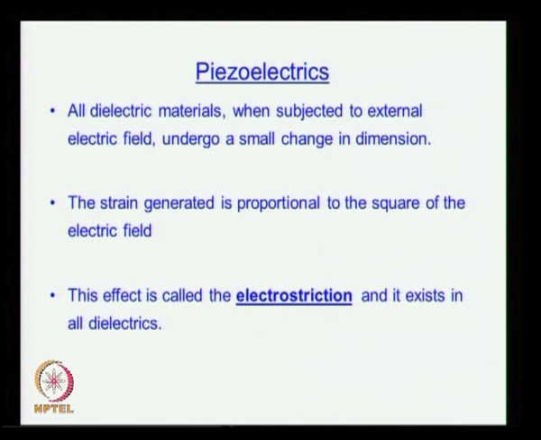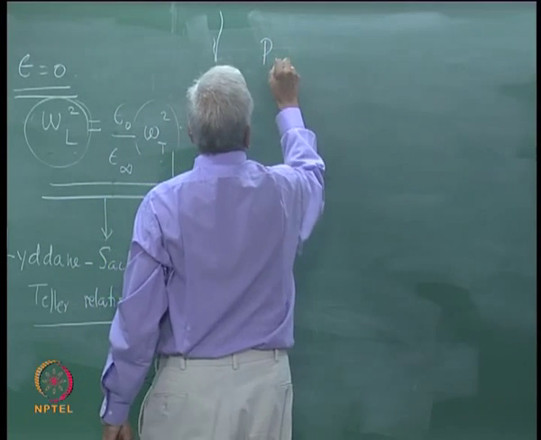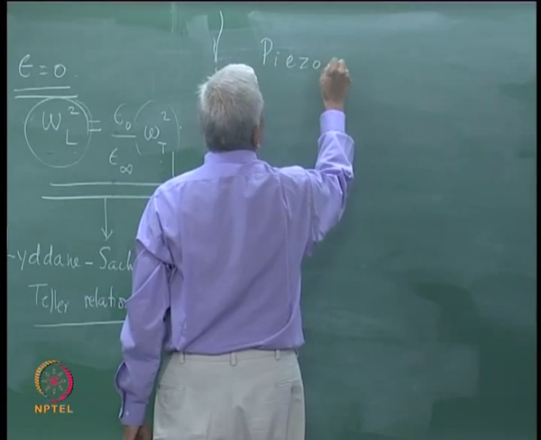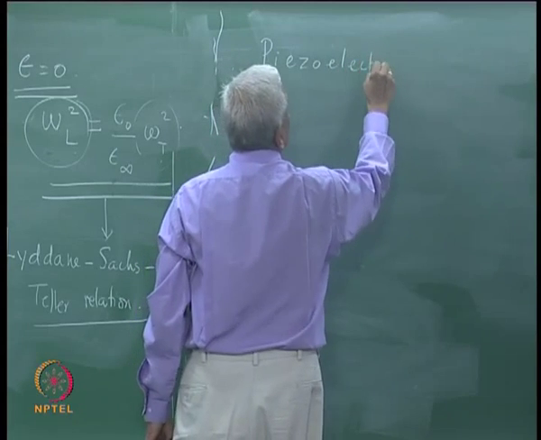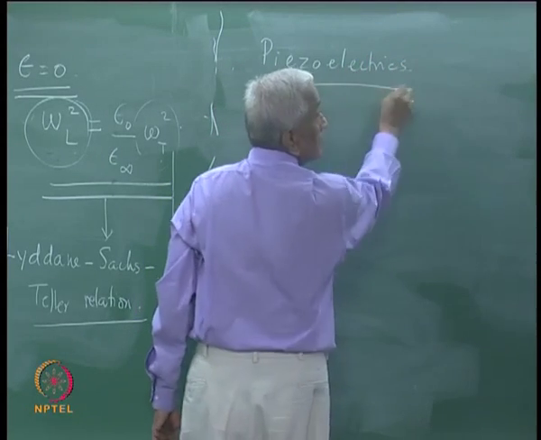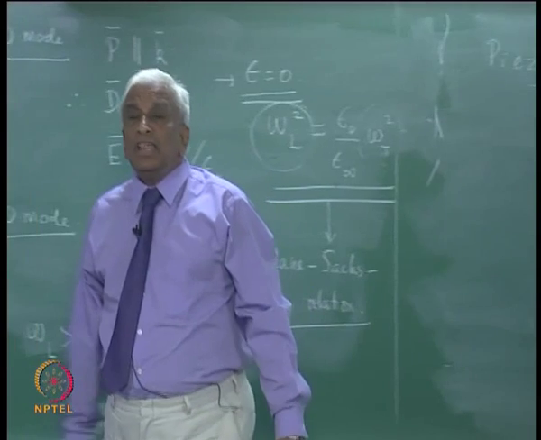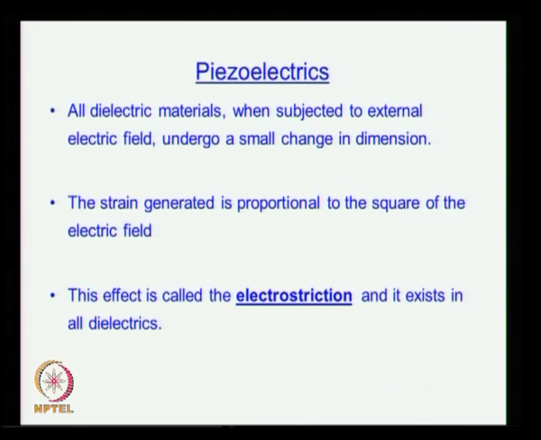We now close this with a brief discussion of a very remarkable kind of substances known as piezoelectrics. In general, all dielectric materials, when you subject them to an external electric field of sufficiently large magnitude, undergo a small change in dimension.